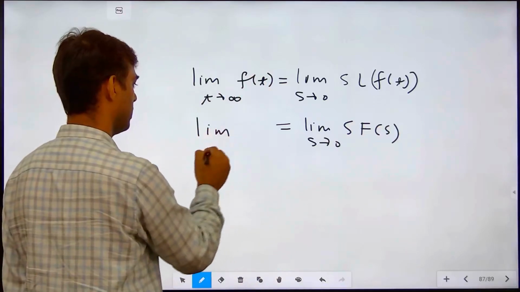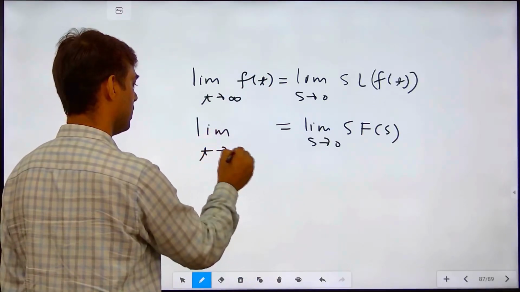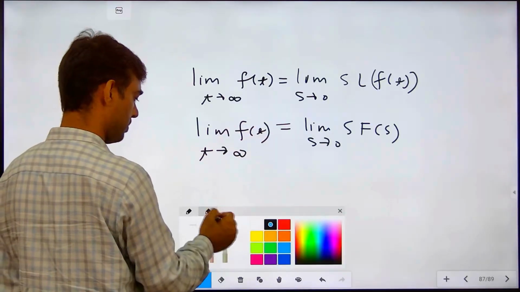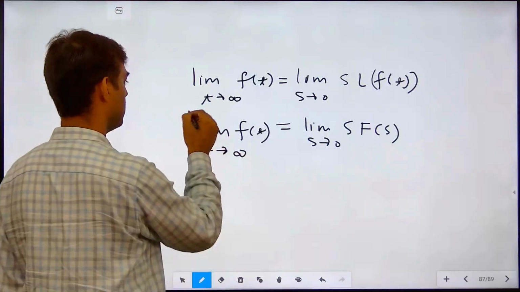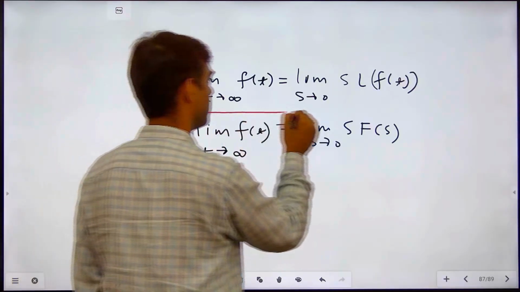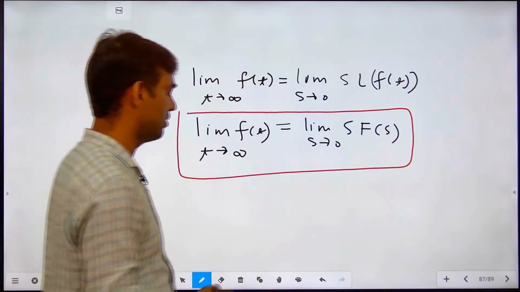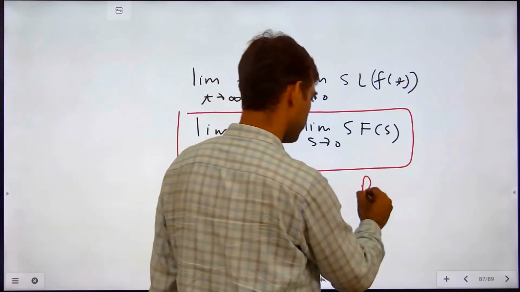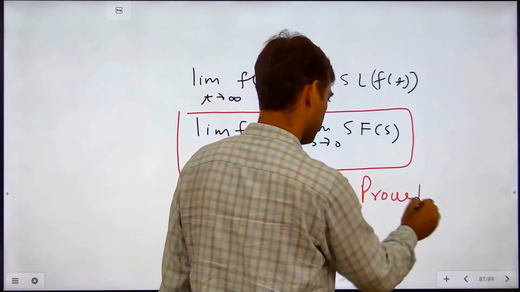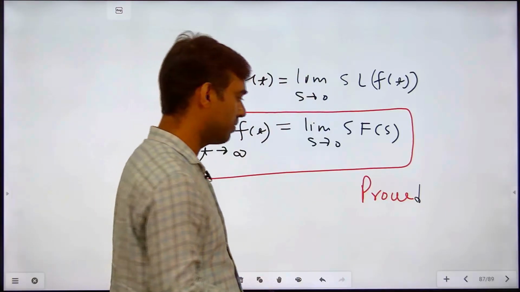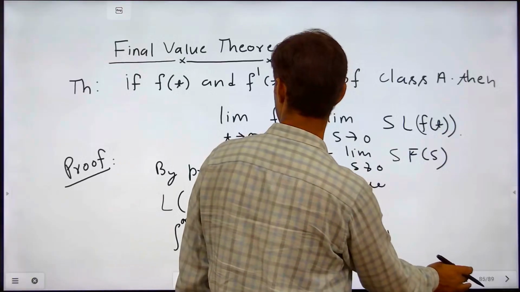So, this may be treated as a formula. This one is the final value theorem. Proved. So, this one is an initial value theorem, and this one is a final value theorem.